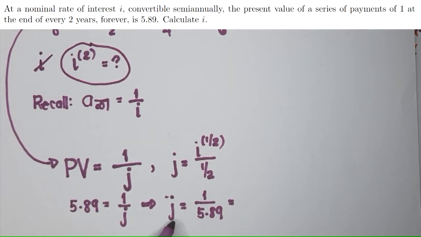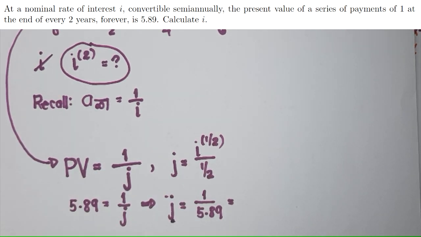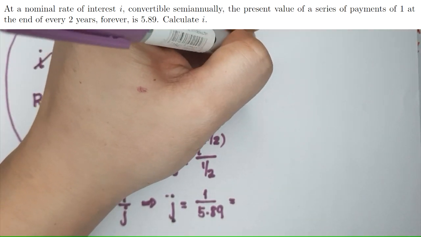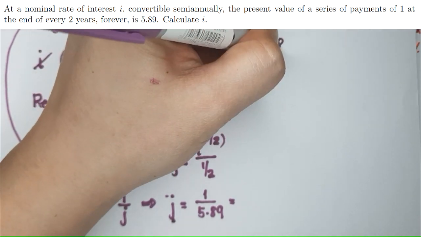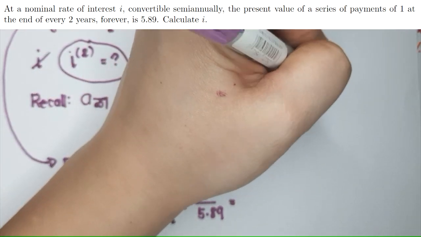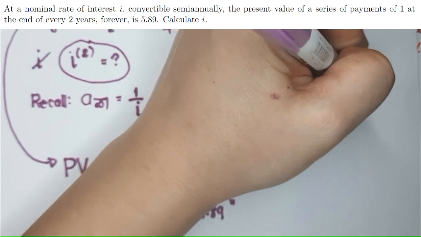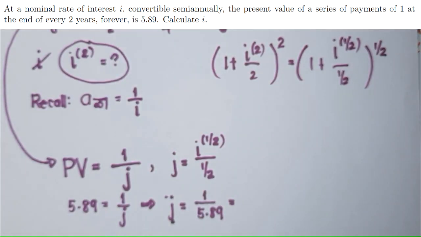And take note that j is equal to this. So, you have to recall the relationship between i upper 2 and i upper 1/2. It's easy: 1 plus i upper 2 over 2, raised to 2, is equal to 1 plus i upper 1/2 over 1/2, raised to 1/2.